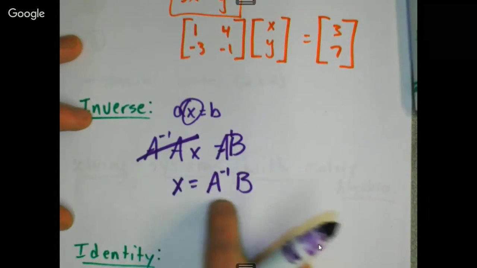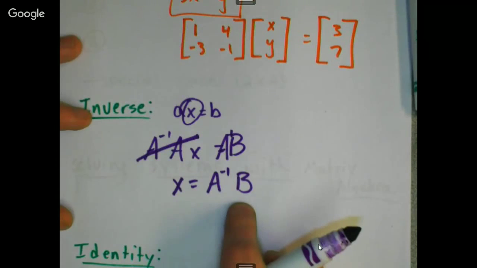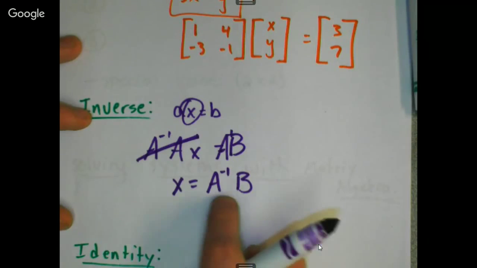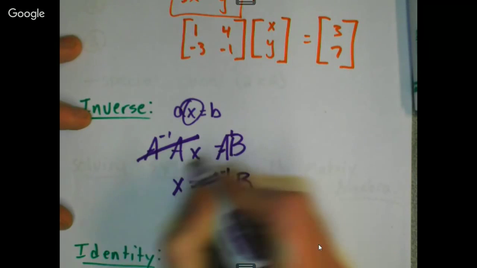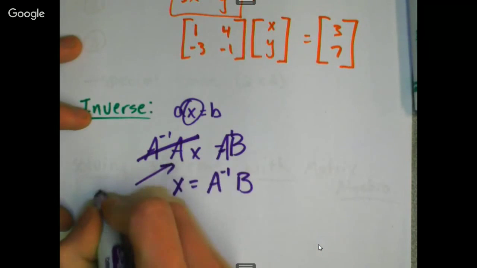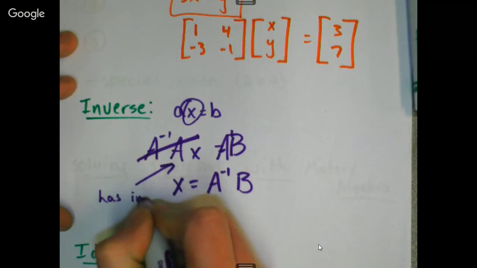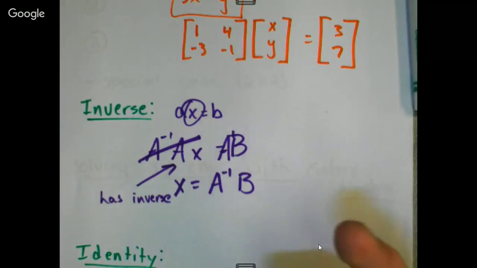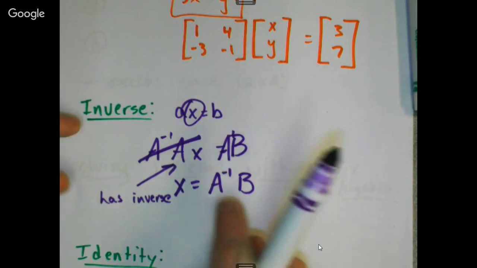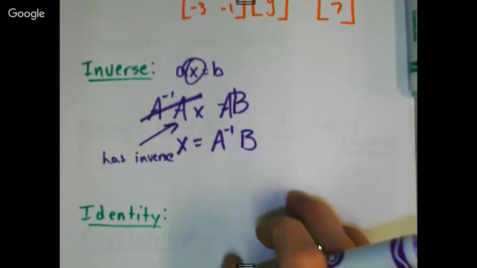Now again, these are two matrices, and I will be able to multiply those together. Now my hope is that A has an inverse. If A doesn't have an inverse, we can't solve it. So our goal is to let A have an inverse.